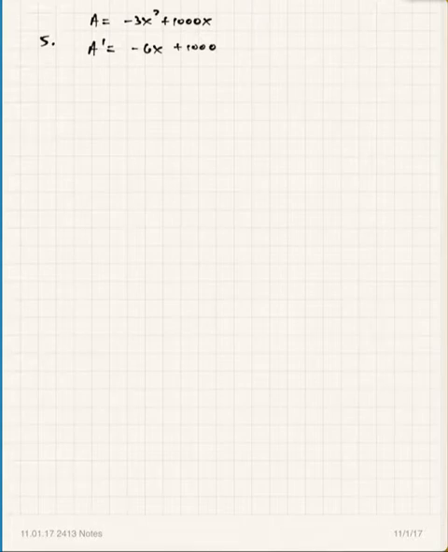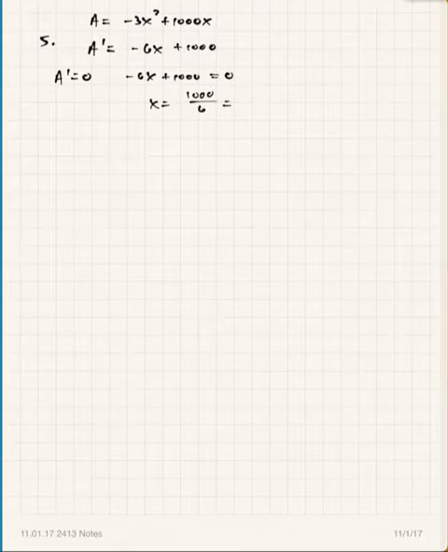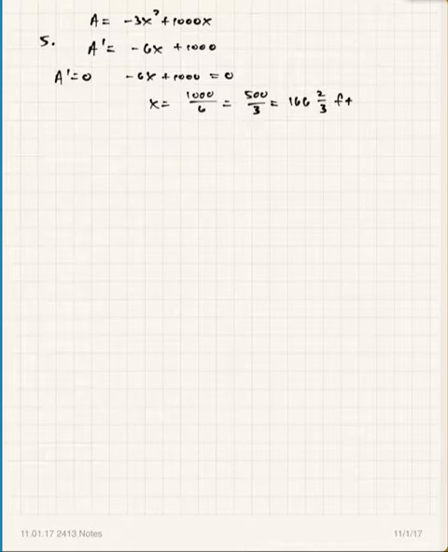And we set A prime equal to 0, because we're looking for critical numbers. When negative 6x plus 1,000 is equal to 0, that gives us that x is equal to 1,000 over 6, or 500 over 3. Or if you want to write it as a mixed number, it'd be 166 2/3 feet. So what we are saying in this problem is that we believe there is an optimal solution, probably at 166 2/3 feet. That's for the x value.